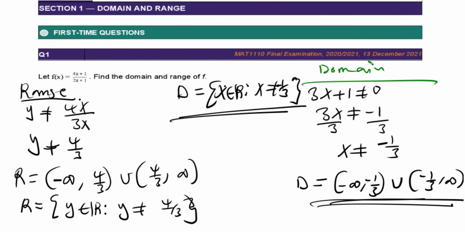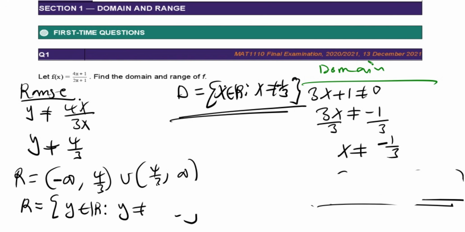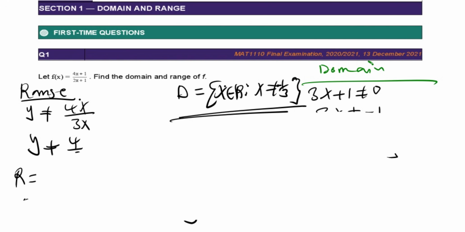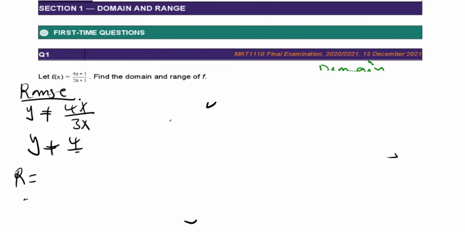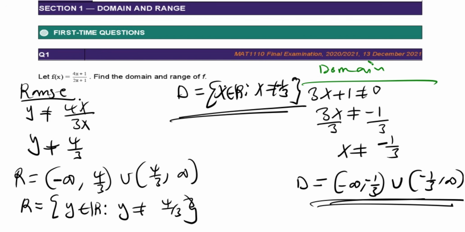Like I said, I'm going to sketch the graph as well. So let's now sketch the graph of this function. Let me not get rid of the domain. We are saying that the domain x should not be equal to -1/3, and the range y should never be equal to 4/3.